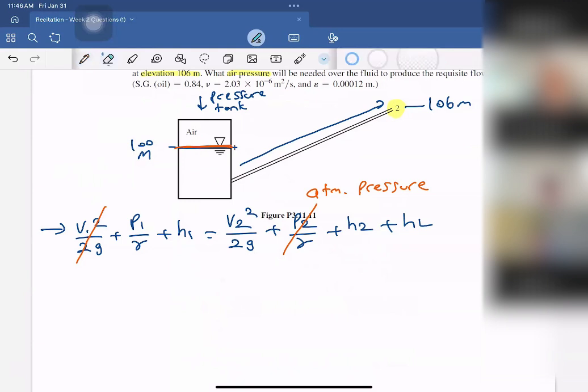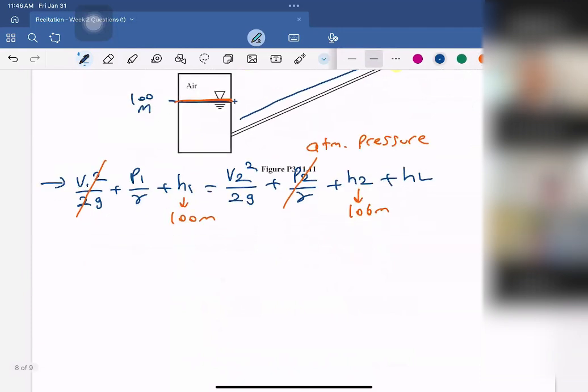And here we have the elevation of point 2 as 106 meters and for point 1 it is 100 meters. And let me clean the equation again. Since we need to find the pressure at point 1, I'm leaving it alone.